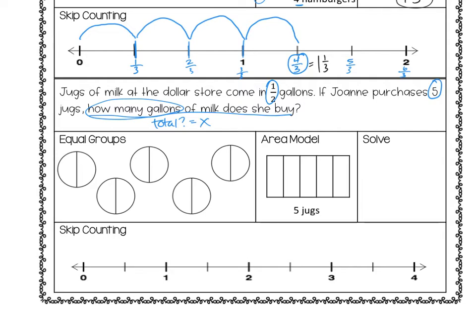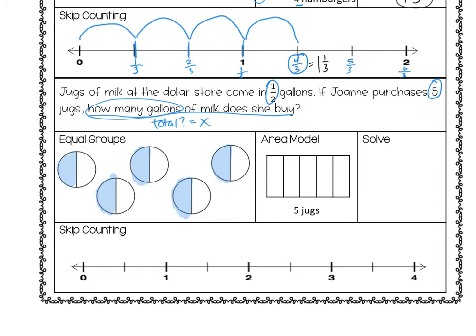So we want 5 groups of 1/2, right? So let's start with our equal groups. We have 5 groups of 1/2. So there's 3 groups, 4 groups, and 5 groups. We have 5 groups of 1/2 here.